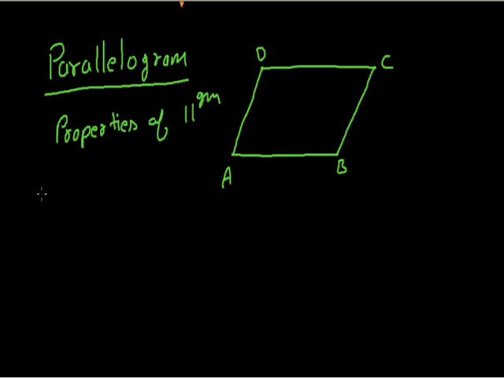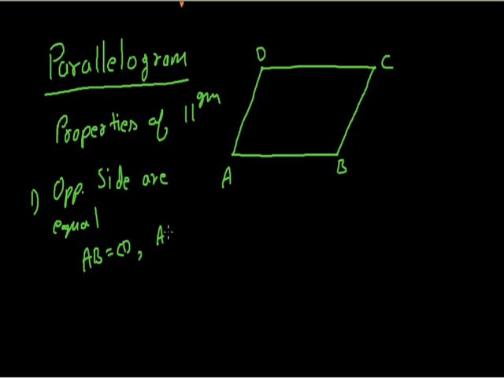The first property of a parallelogram is opposite sides are equal. It means AB and CD are equal and AD is equal to BC. Opposite sides are equal.